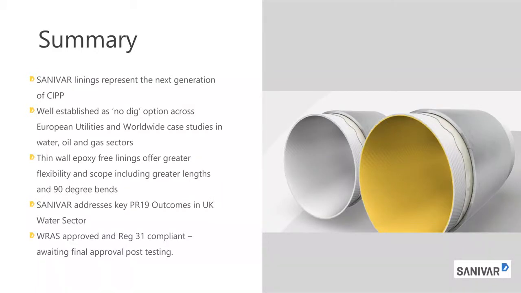The final certification may take a couple of months after reports are written up and the final certificate is awarded. But I would be confident that certainly within 2 months we will be able to install Sanitube on potable water systems, and we're certainly happy to engage in preliminary discussions on any projects within that sector.